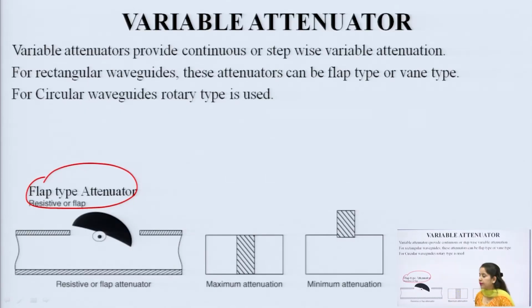We can see in this flap type attenuator, this is a flap. We can adjust the flap so as to get the maximum or the minimum attenuation as per our requirement. There is an option for us so that we can adjust the flap according to our will.